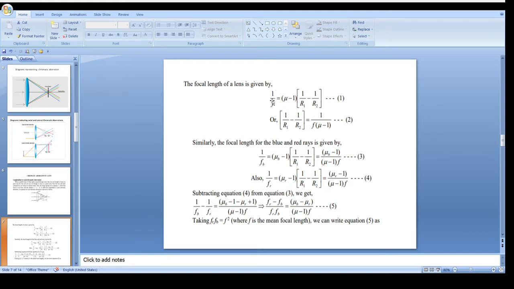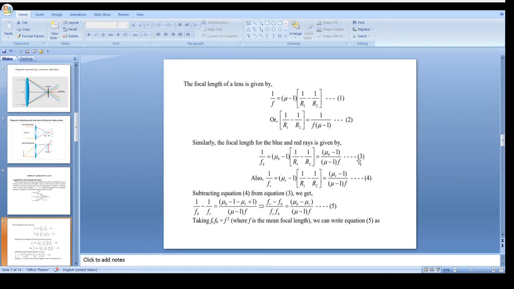Similarly, for equation 2 we write the focal length for blue and red. 1 divided by Fb equals (mu b minus 1) [1 divided by r1 minus 1 divided by r2], which equals (mu b minus 1) divided by (mu minus 1) f.